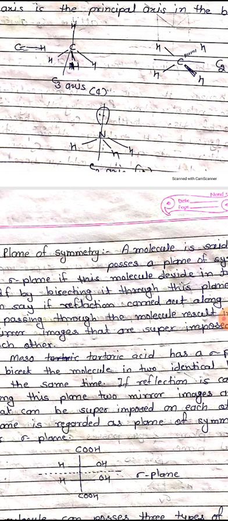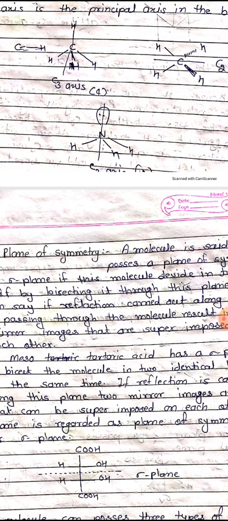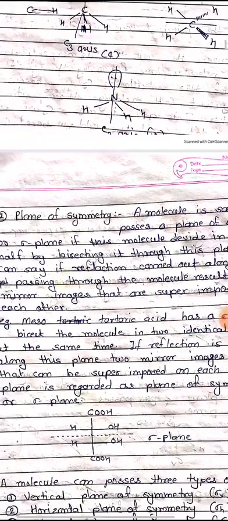Then this plane through which reflection is carried out will be regarded as a plane of symmetry, and the operation, that is reflection, will be termed a symmetry operation or reflection operation.